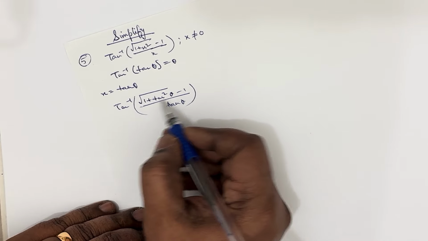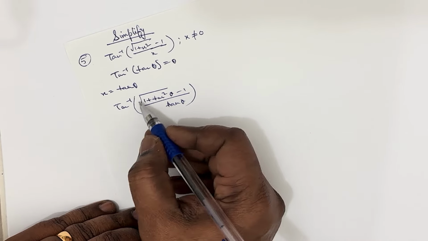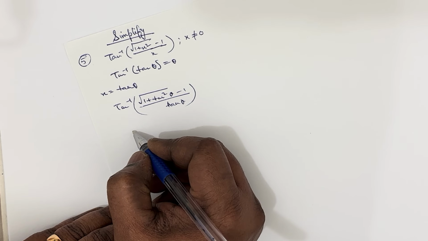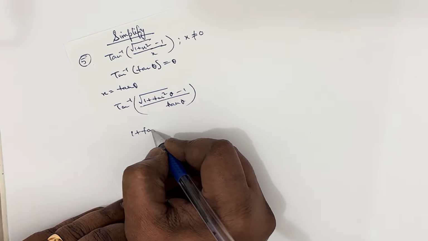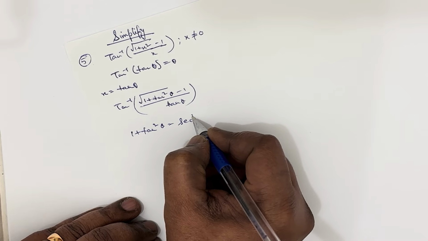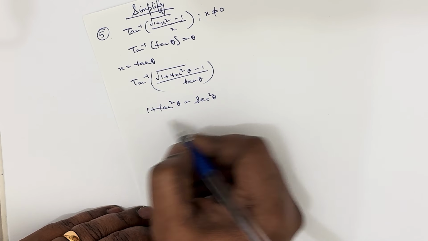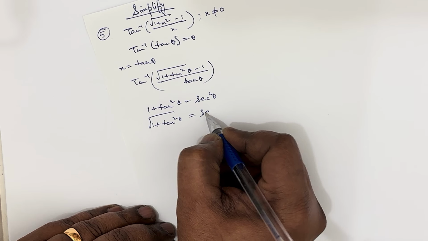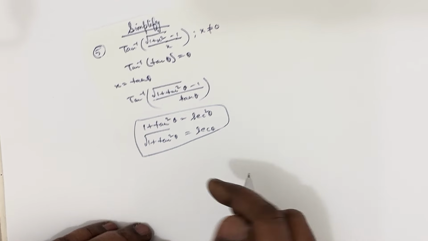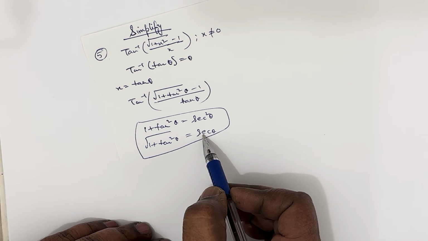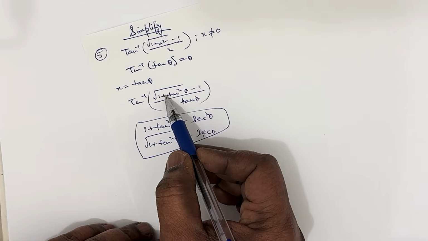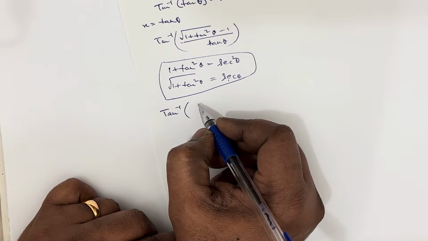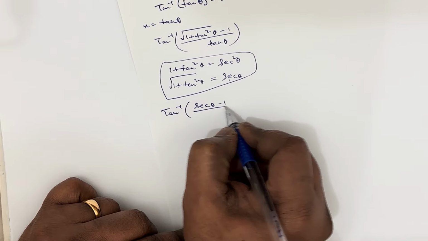Now if we look closely, this expression resembles the Pythagorean identity, 1 plus tan square theta is equal to secant square theta, so the root of 1 plus tan square theta is equal to secant theta. Now let's substitute secant theta instead of root of 1 plus tan square theta. So this can be written as tan inverse of secant theta minus 1 by tan theta.